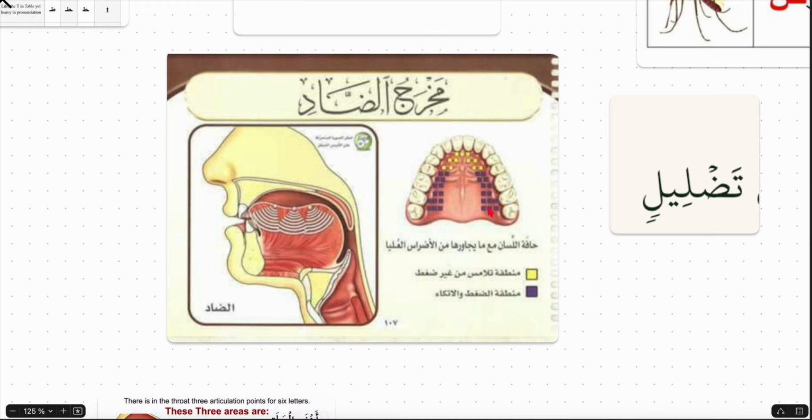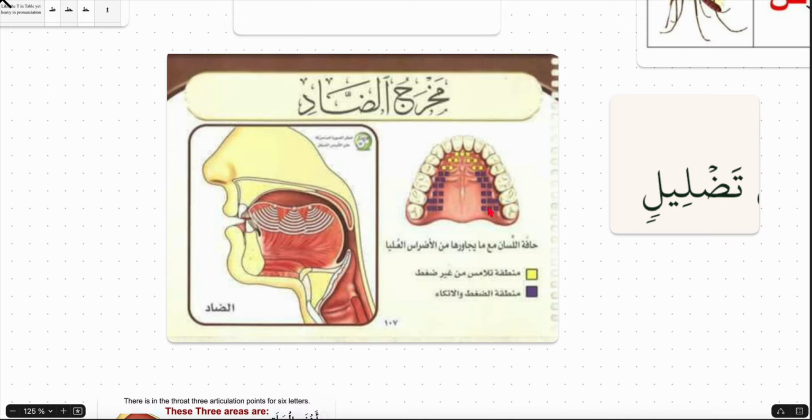The letter Dad has a characteristic or description, meaning rakhawa. Rakhawa means the sound continues and flows during pronunciation.